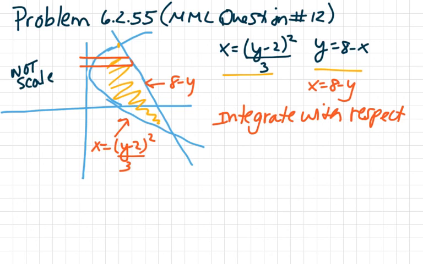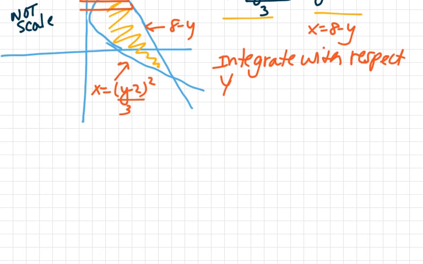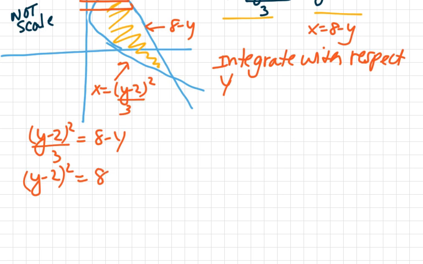Okay, so you need to solve for the limits of integration. You can use your calculator, or I generally just do them algebraically, and it's probably good practice for your algebra. So (y minus 2) squared over 3 has to equal 8 minus y. So let's expand this. Square of a binomial, 8 minus y times 3.